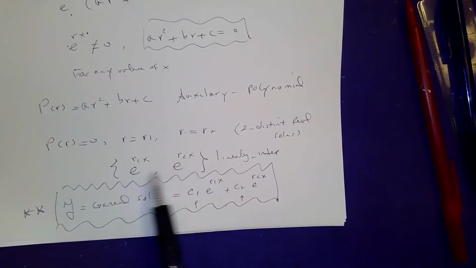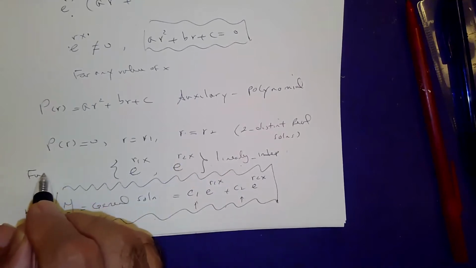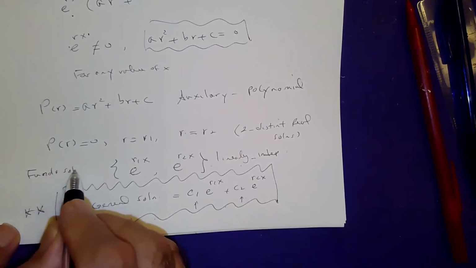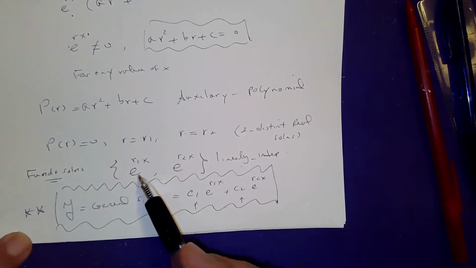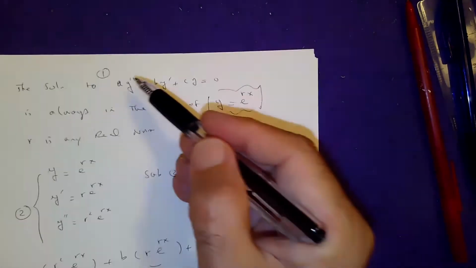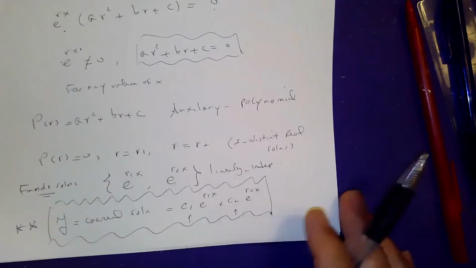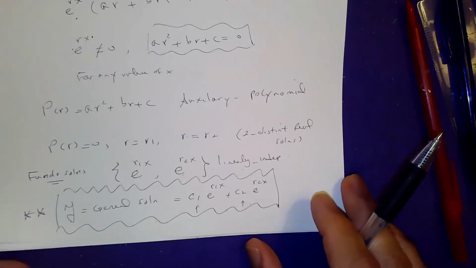The set of functions is called a fundamental set of solutions, and I will explain next time what they mean by fundamental solution. The number of solutions depends on the order, and so does the number of C's. Are we good?